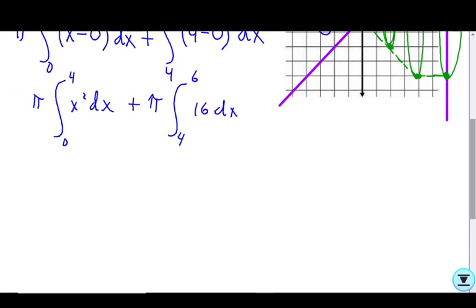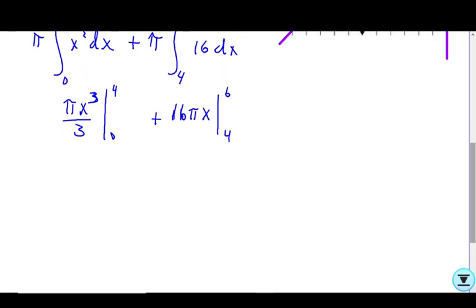So the antiderivative of x squared is pi x cubed over 3 from 0 to 4, plus this would be 16 pi x from 4 to 6.